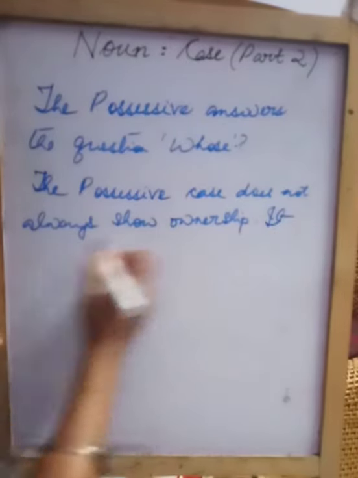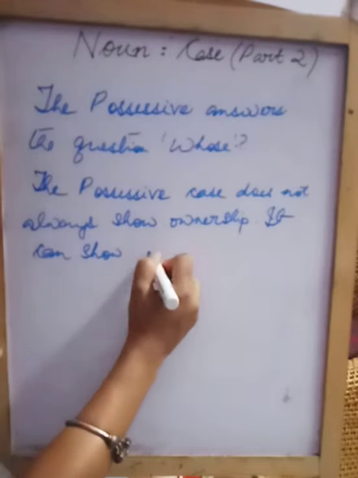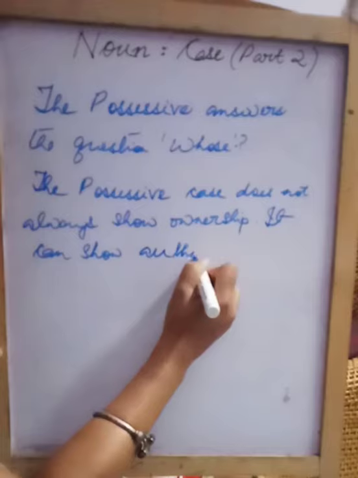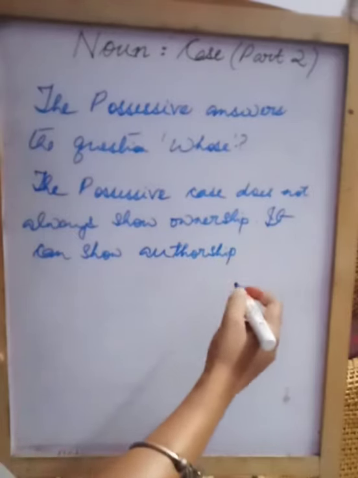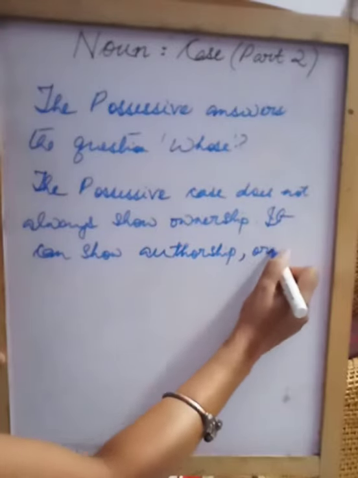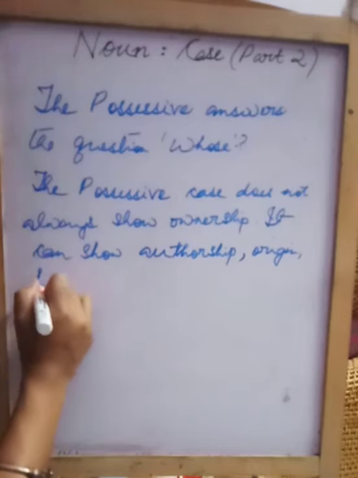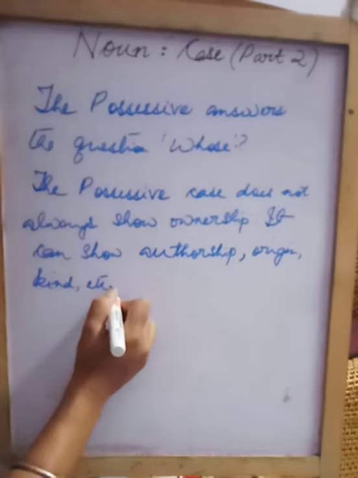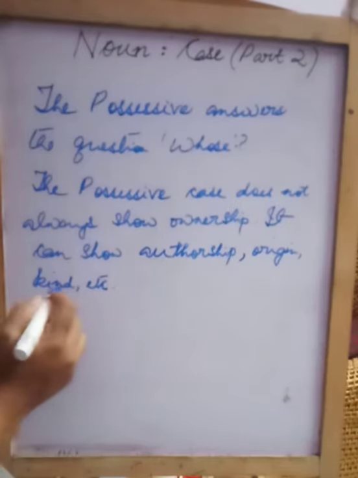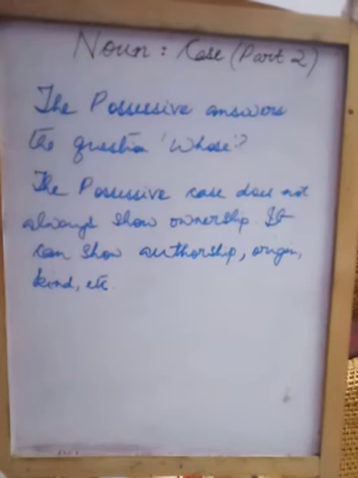It can show authorship, origin, kind, etc. I'm not talking about the nature kind, but about what kind or what category, isn't it? So let's just take some examples.